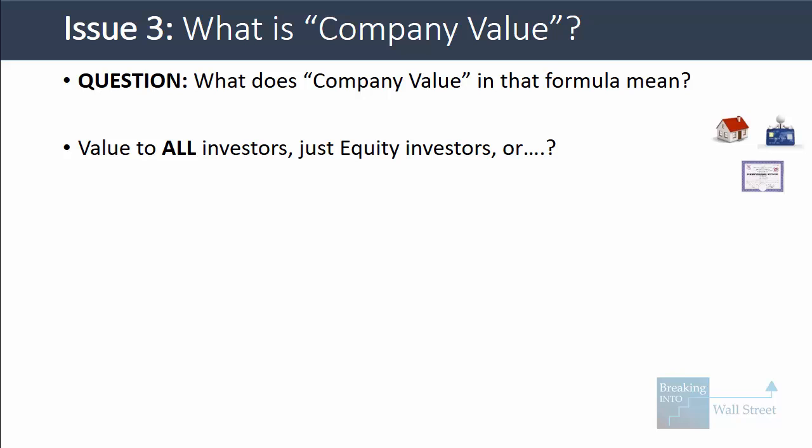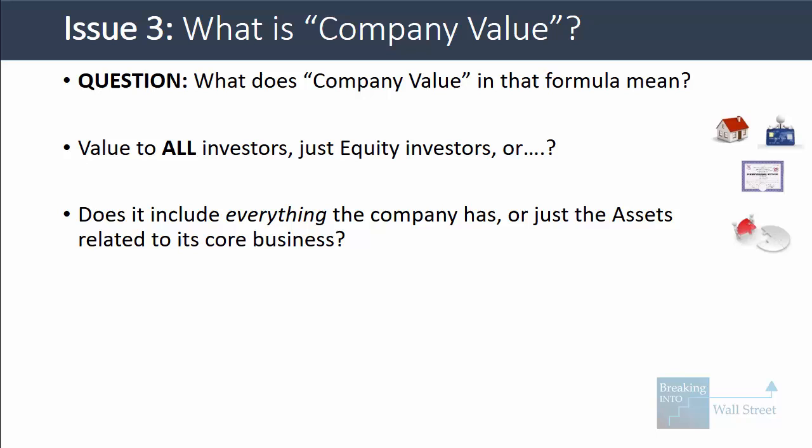Or are we just referring to equity investors, or are we talking about some other group? Also, what exactly are we including in this number? Are we listing everything the company has, or only the assets that are related to the company's core business? If we just say company value, we're not being very specific about what it includes or to whom it's available.